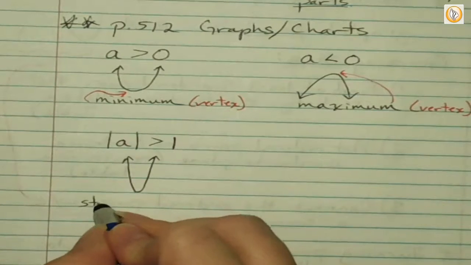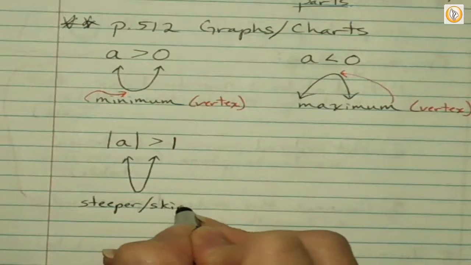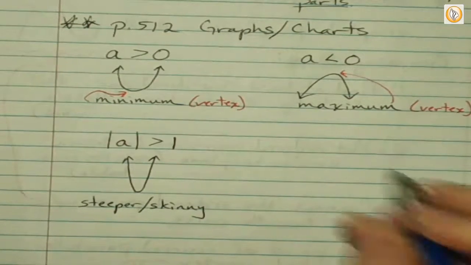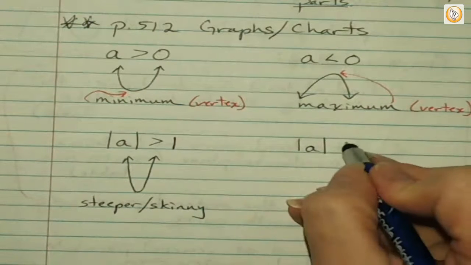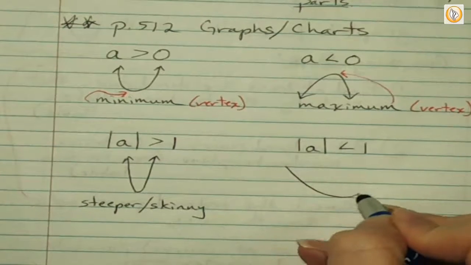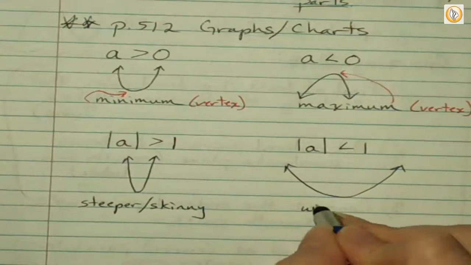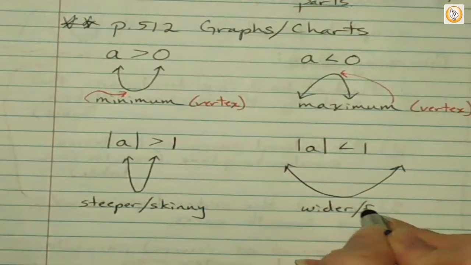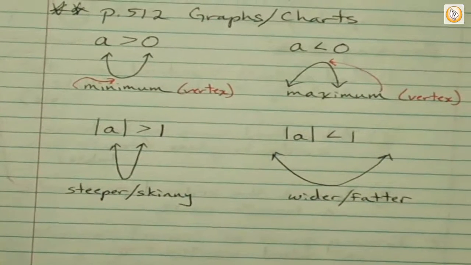It's going to be steeper, or you can say it's skinny. If the absolute value of A is less than 1, you're going to have a wider parabola, or fatter. Wider or fatter parabola.